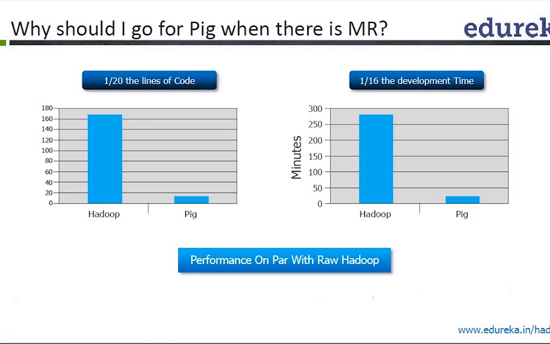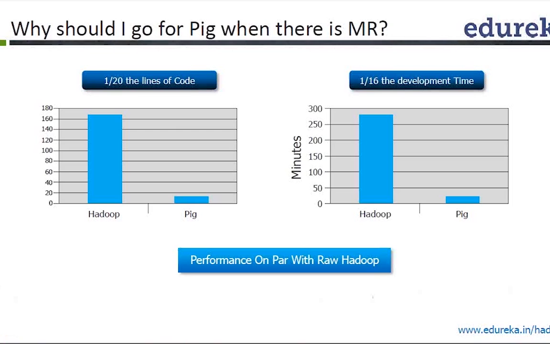Right. So, why should you go for Pig when there is MapReduce and you can do a lot of things with MapReduce? Because the effort you put into MapReduce is huge.